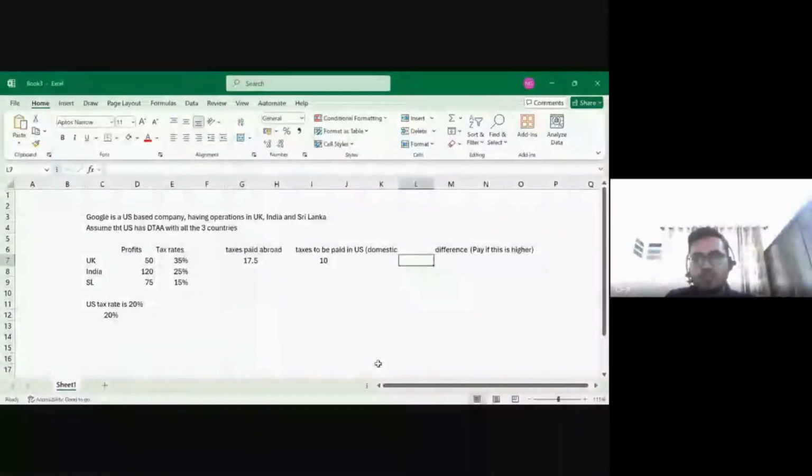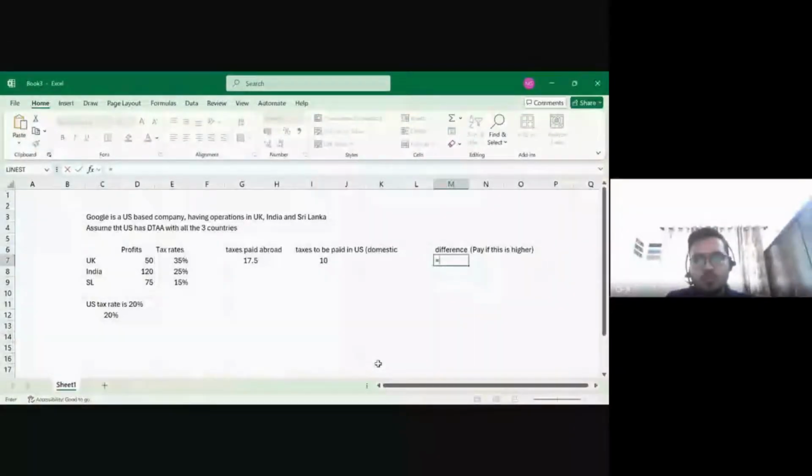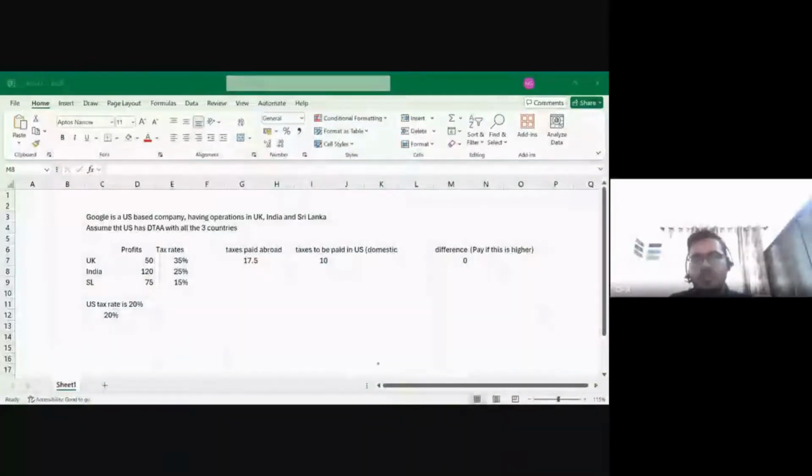So in this situation, the difference between the two is going to be 7.5, but the actual payment, if you see, is going to be negative 7.5. So you'll have to pay 0. So it's the maximum of the two, either the difference or 0, whichever is higher.